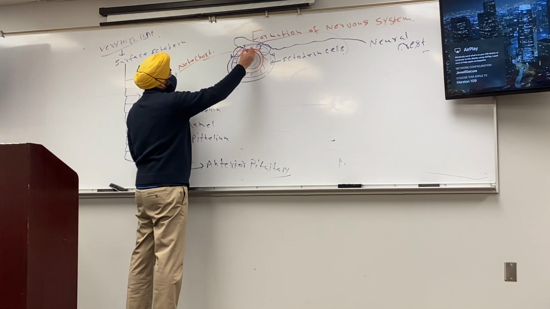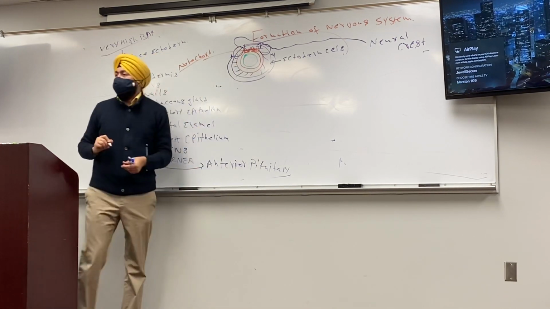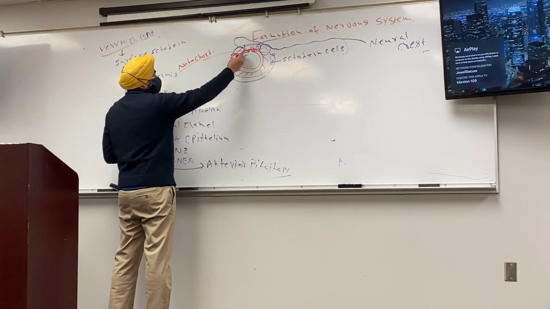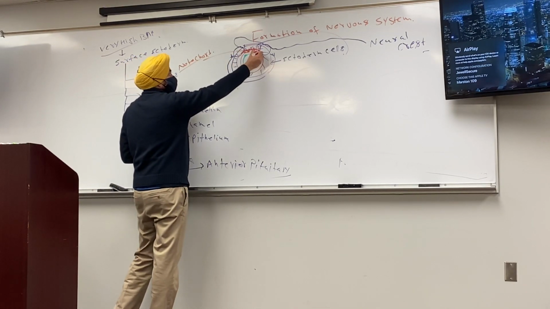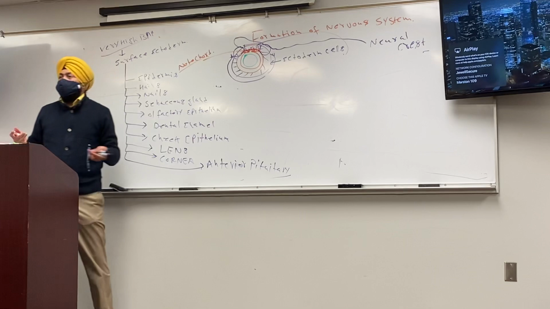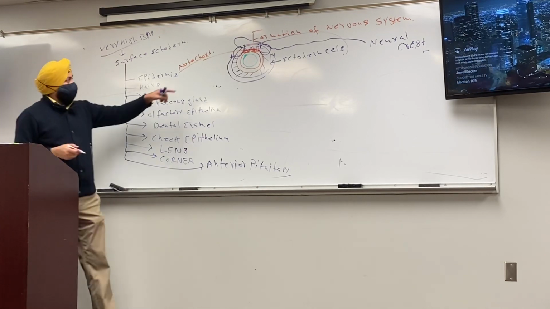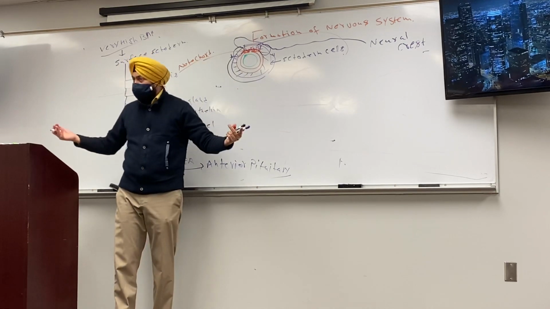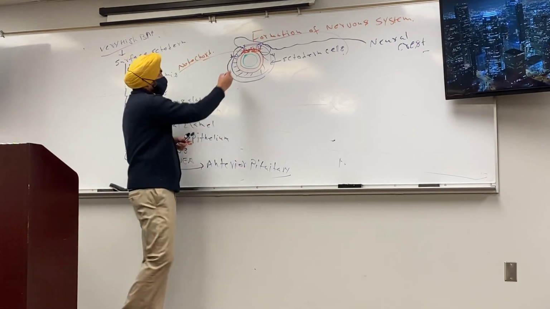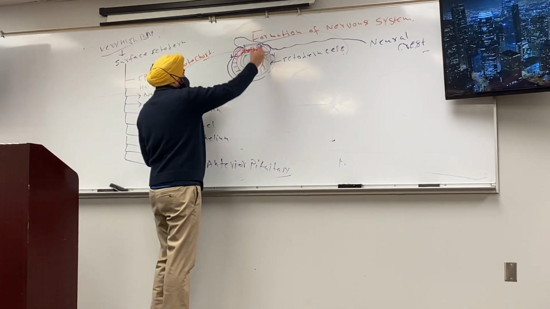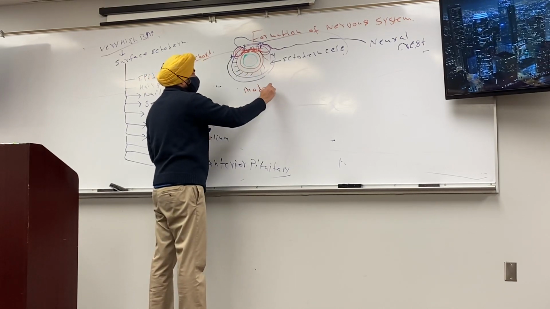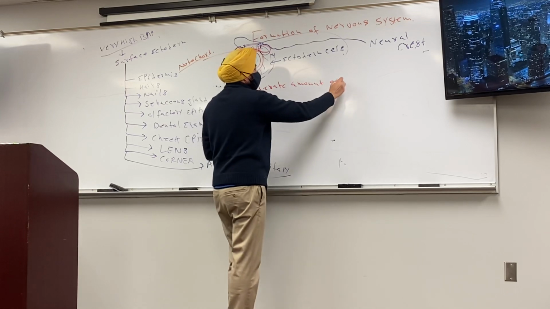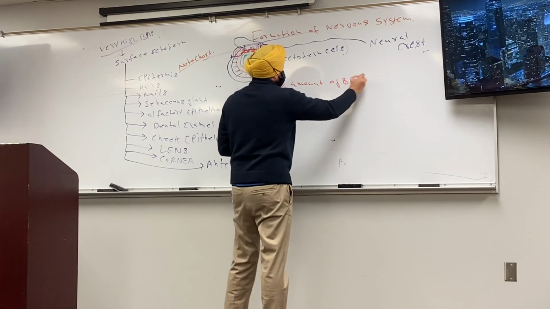This BMP inhibitor is secreted by them going directly up, right? Now some of this BMP inhibitor might leach out on this side. That is possible, right? That's what happens. So in this area where it's direct, there is no BMP. But in this area, you can have a moderate amount of BMP.